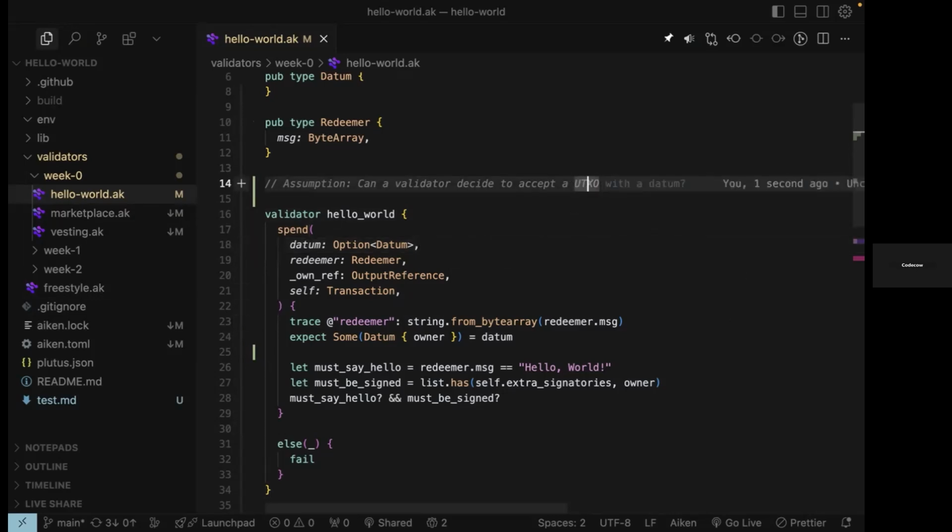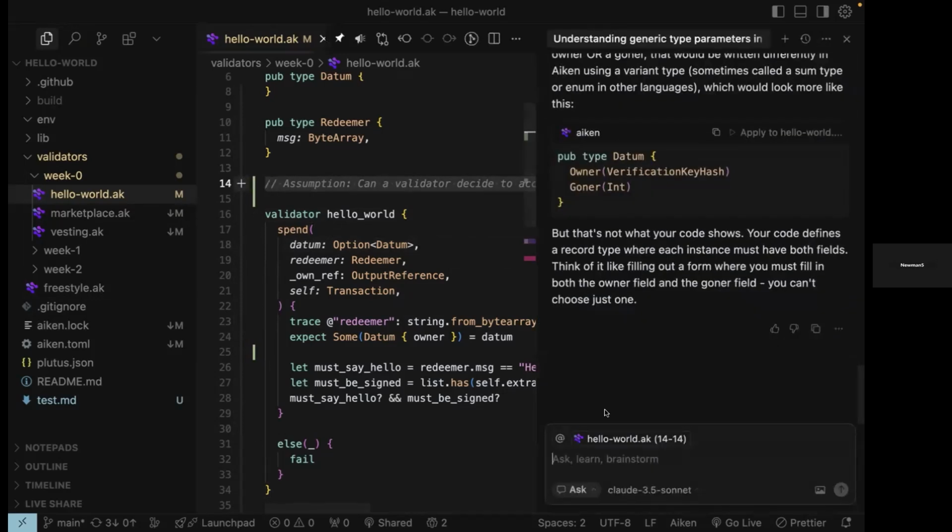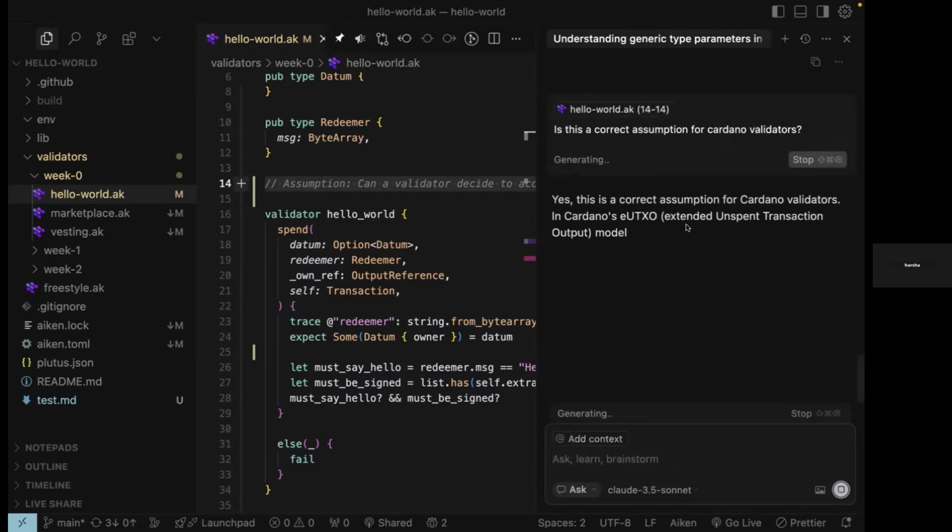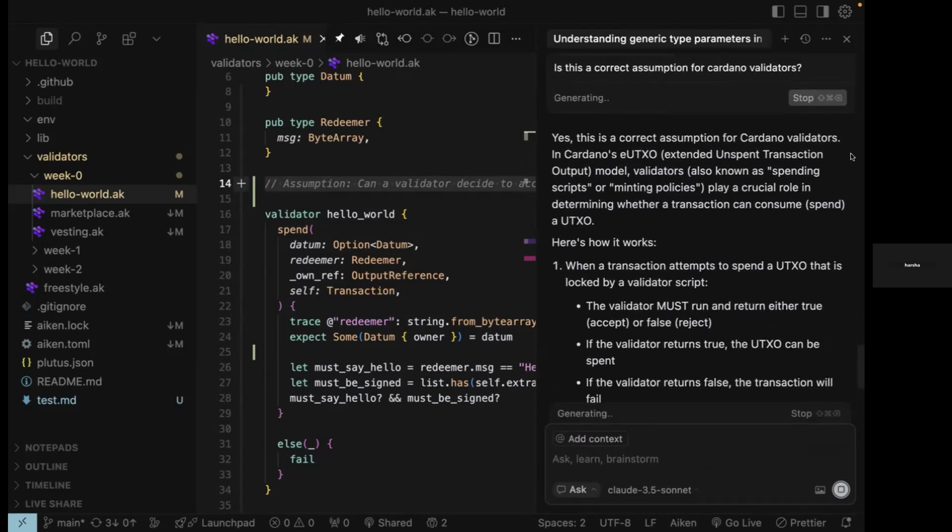So maybe ask the AI. Let's get a confirmation. That's already a prompt. So I am asking it, is this a correct assumption for Cardano validators? Yes, this is a correct assumption for Cardano validators.